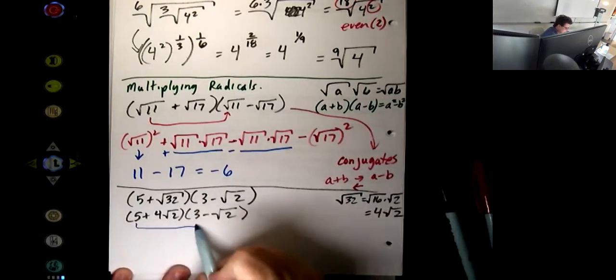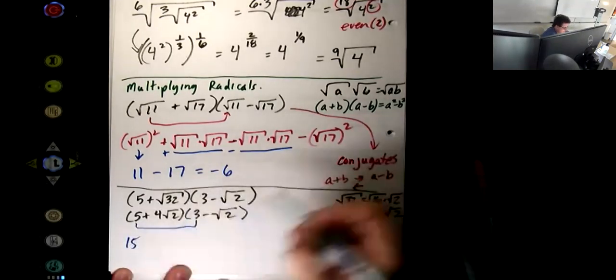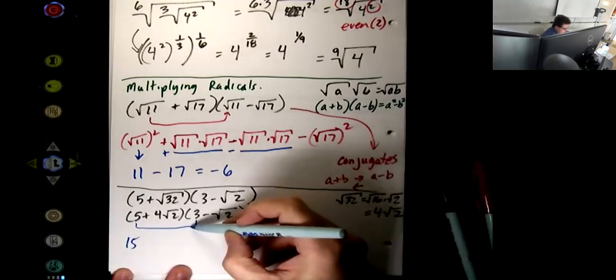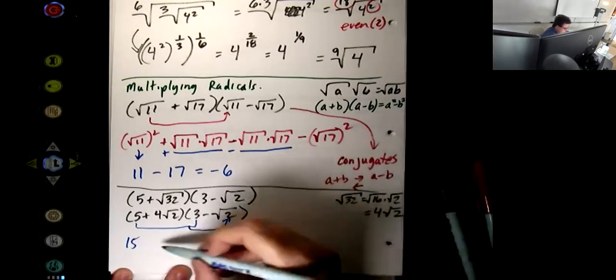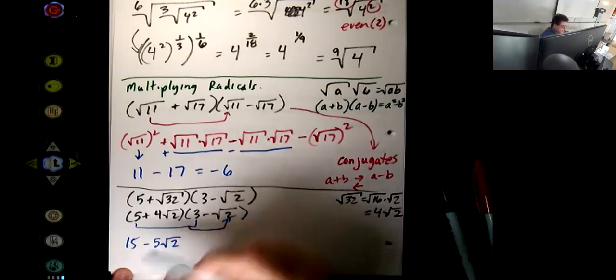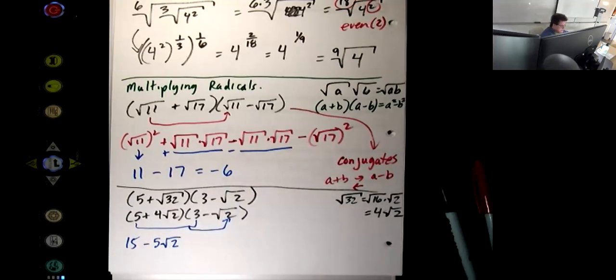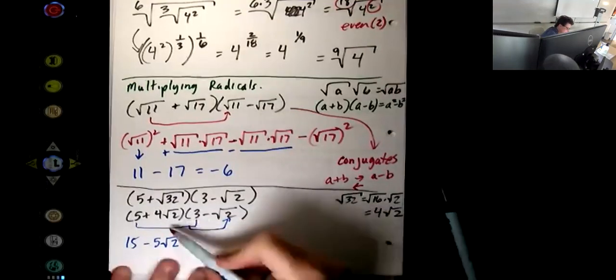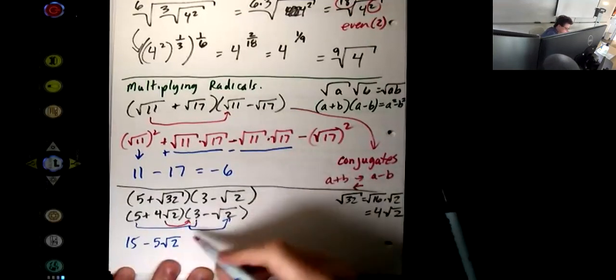So 5 times 3 gives us 15. Then we have 5 times negative square root of 2, which is negative 5 square root of 2. The 5 does not go inside because it's not a radical itself, it's just a whole number. Then I do the 4 times the square root of 2 times the 3.